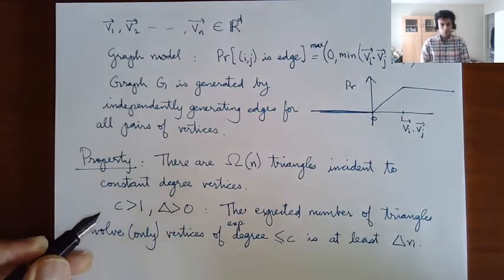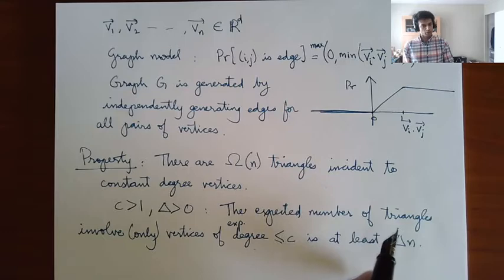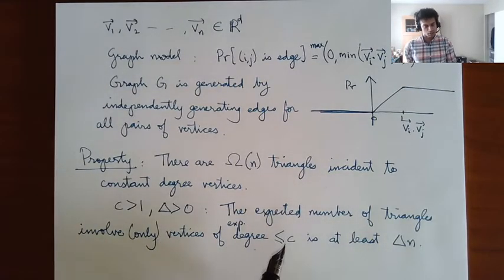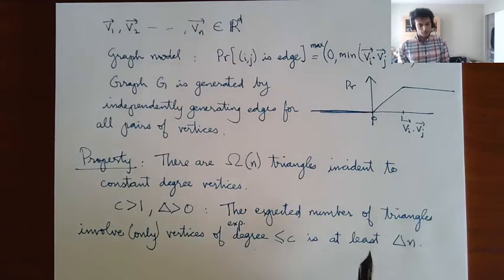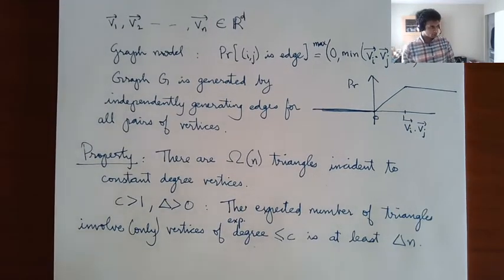So this is the property that I would like. I would like the expected number of triangles that involve only vertices of expected degree at most c, where c is a constant, to be at least delta n, where again delta is a constant. So think of delta and c being constants.